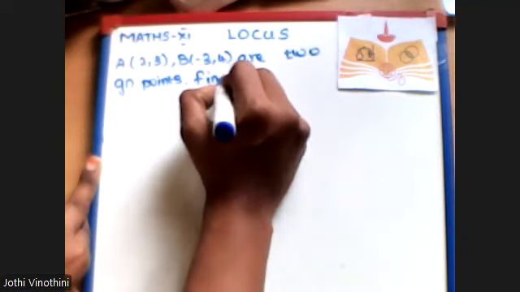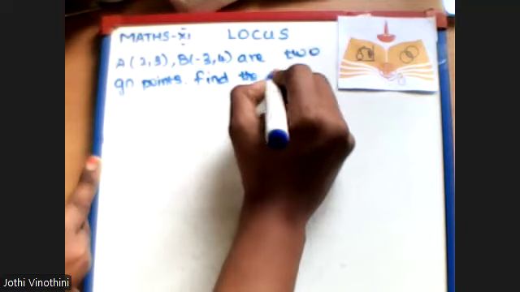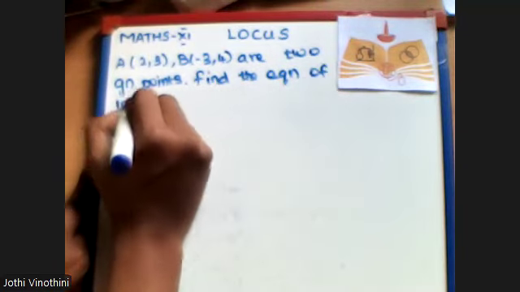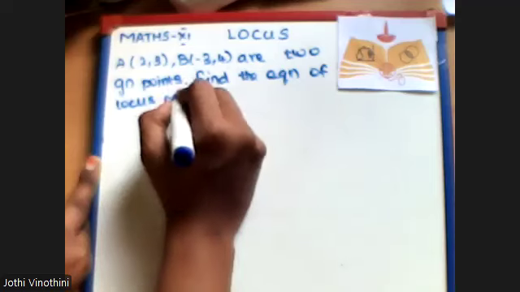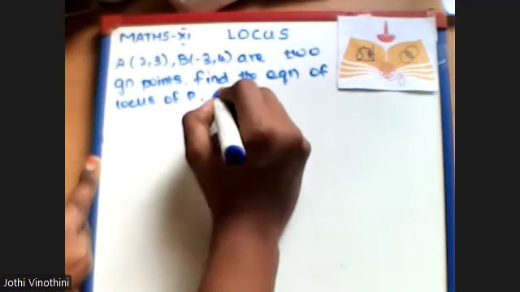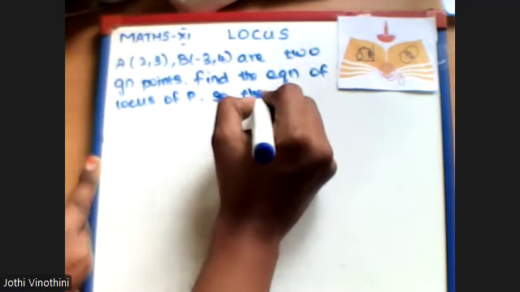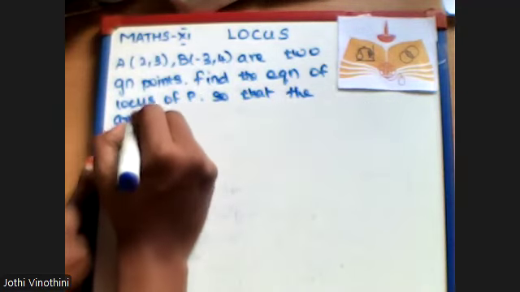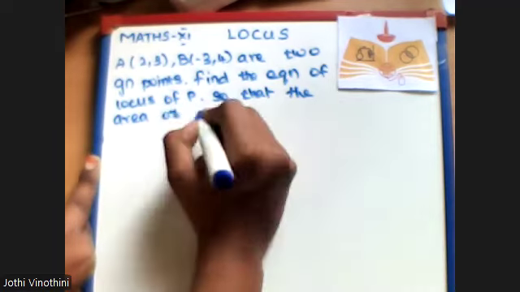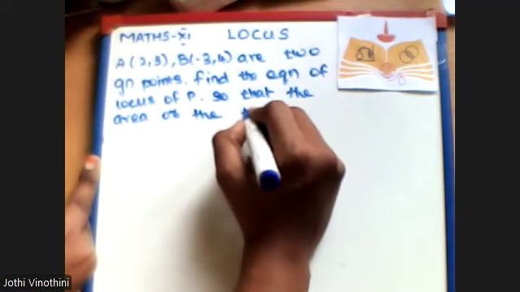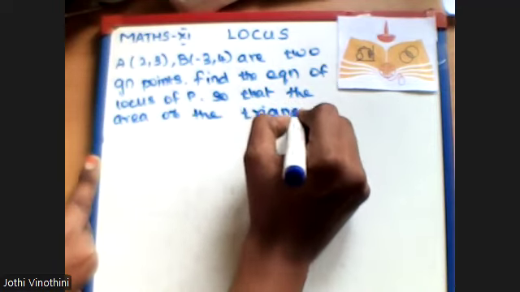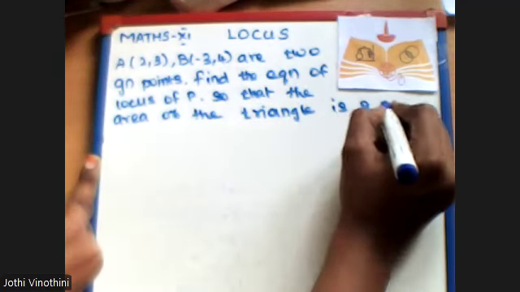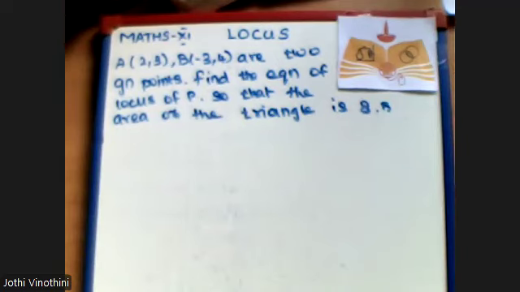Find the equation of locus of P so that the area of the triangle is 8.5. Right? Okay, super.